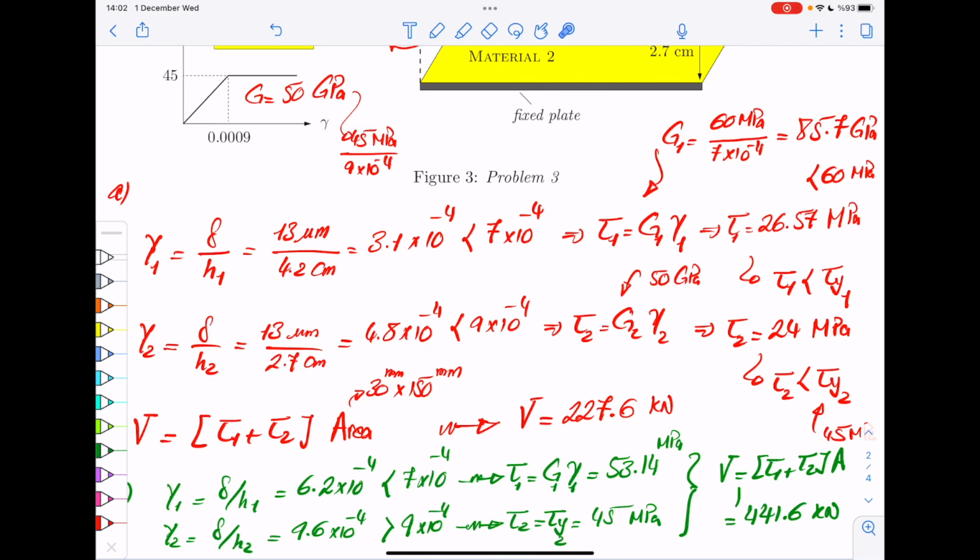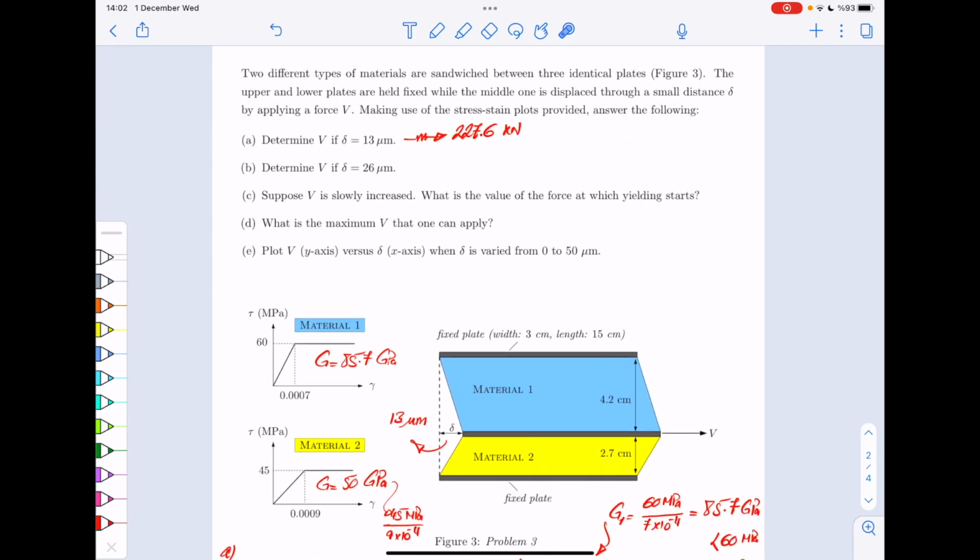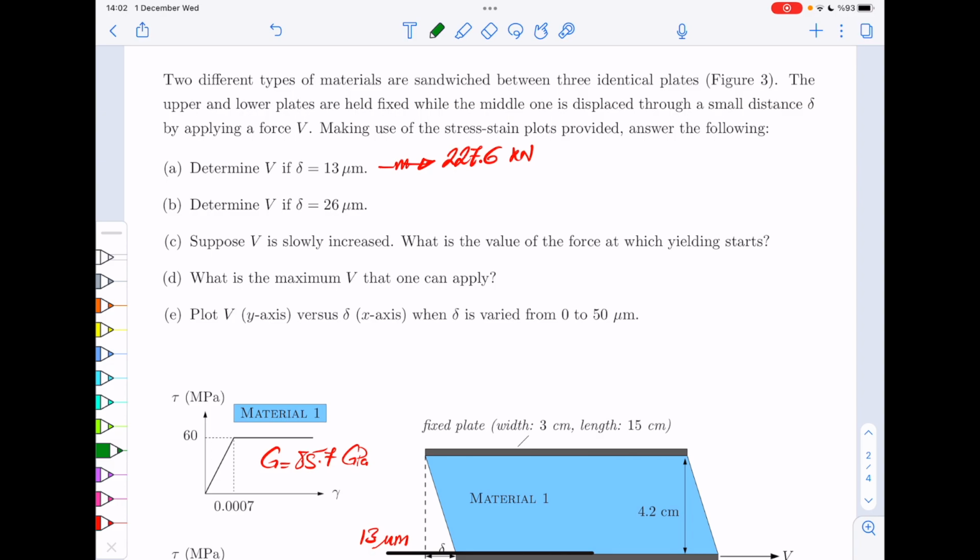Okay, so for part 2, the shear force you need is 441.6 kilonewton, and that is, again, less than 2 times 227.6 kilonewton, because we know one of the materials, material 2, has gone plastic, okay? All right, so that's the answer to part 2.